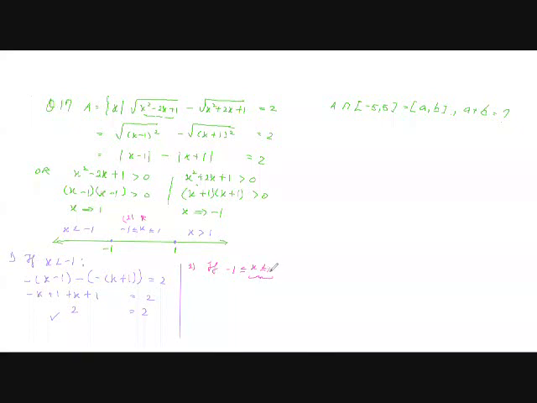In this case, if we take x less than or equal to 1 first, when you move it, it becomes x minus 1, so in this case it has to be negative. So taking the absolute value is going to be negative (x minus 1). Okay, and then minus. And then in this case x is greater than -1, so it should be plus, right? This one moved is going to be x plus 1, so the plus sign stays the same. So it's going to be x plus 1 equal to 2. Then simplify it.